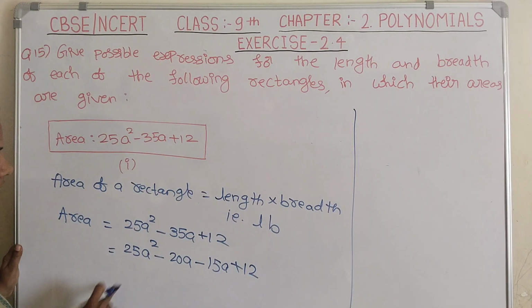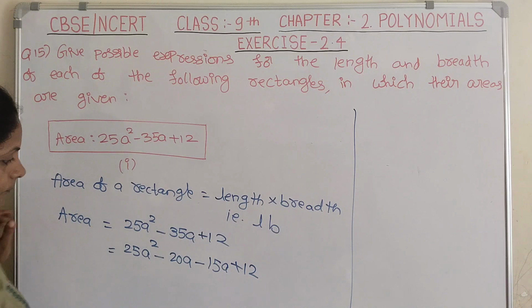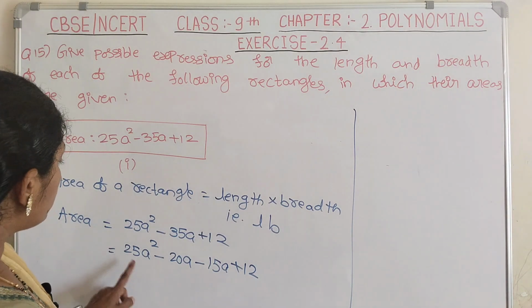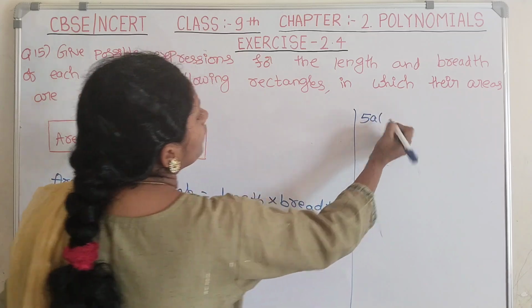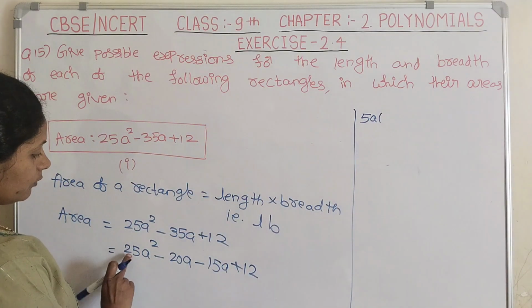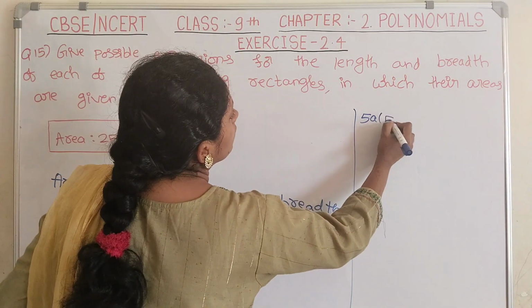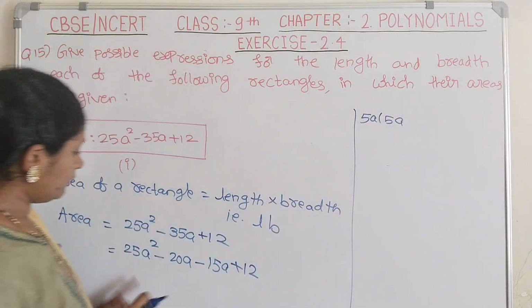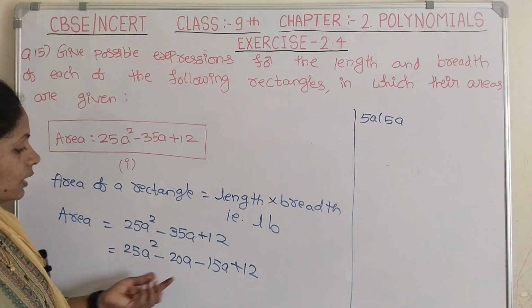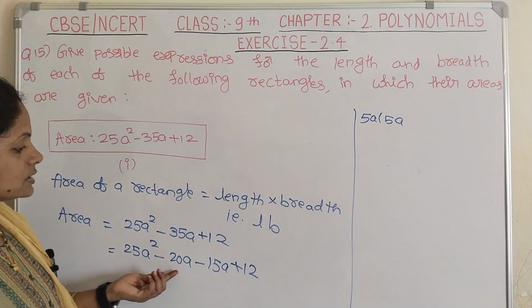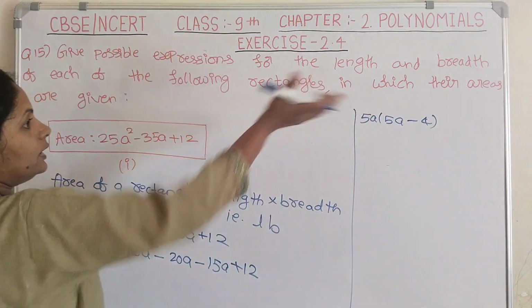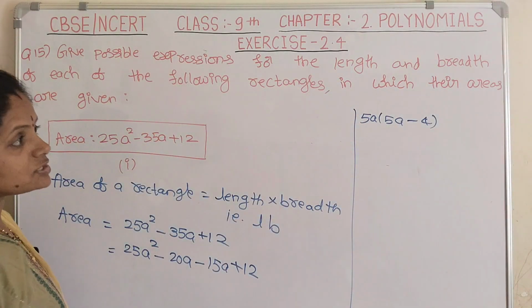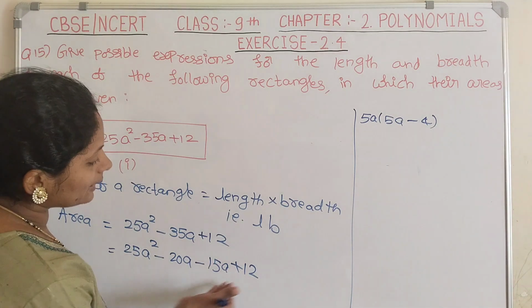Here from these two terms, 5a can be taken common. 5a will remain: 5 5s are 25, a into a will be a square. Here minus 4. 5a into minus 4 gives us minus 20. Here what can be taken common?